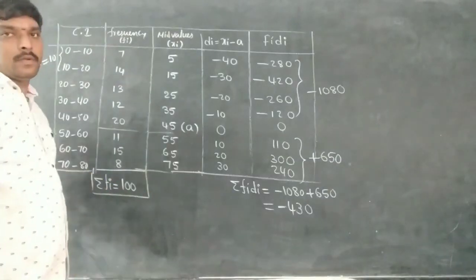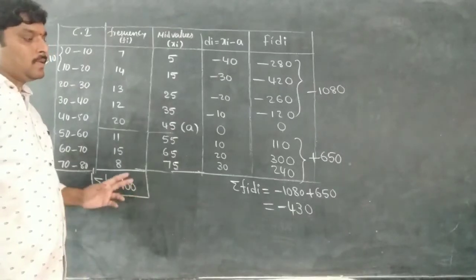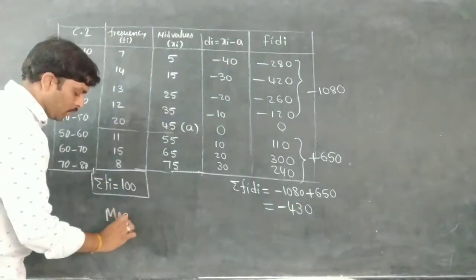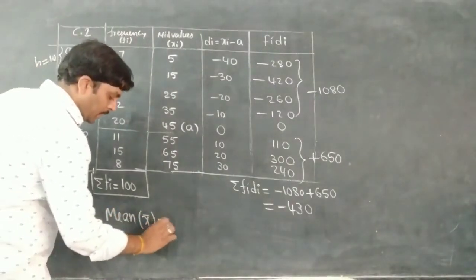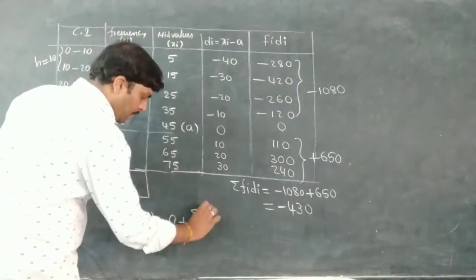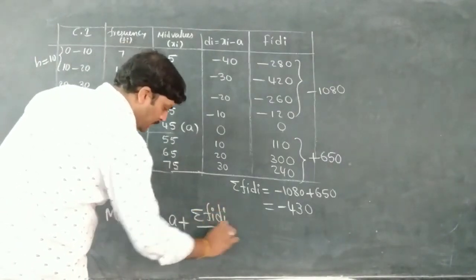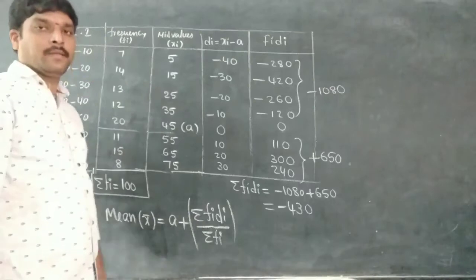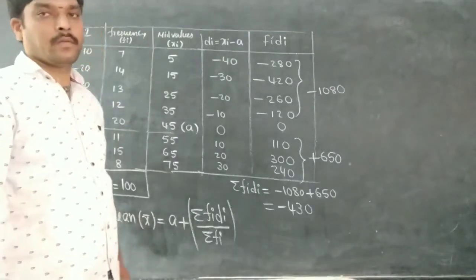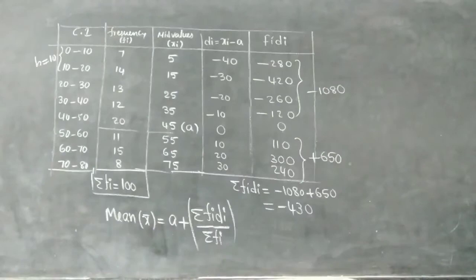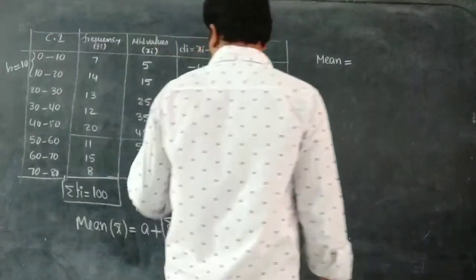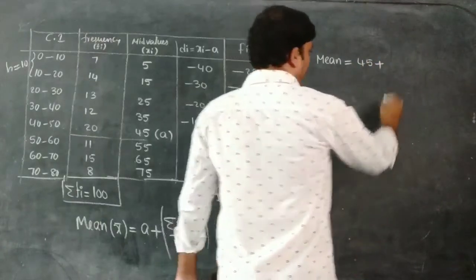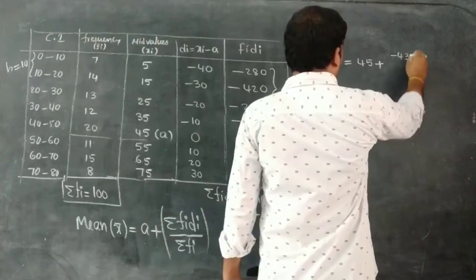Now find the mean. The formula is mean is equal to a plus sigma fi di by sigma fi. This is the formula to find the mean. Now mean is equal to a value 45 plus sigma fi di, minus 430 by 100.